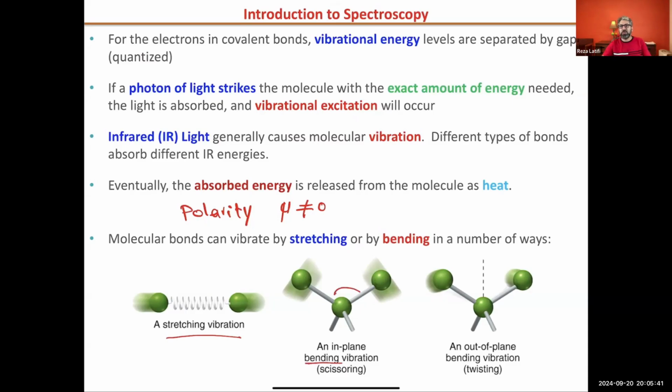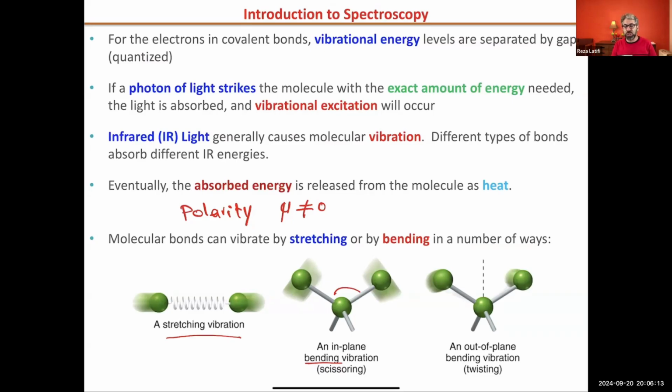Sometimes you have two bonds, one is coming to your side and the second one is going back of the plane. They can simply stretch, or get closer to each other, or while one is coming to you, the second one is getting back, and the bond angle can also change. So we have all those modes of vibration. All of them are possible, and each of them is going to ask for a specific amount of energy.